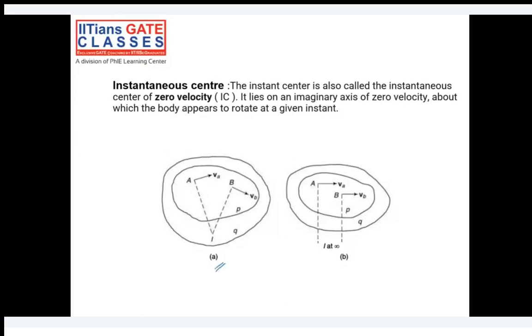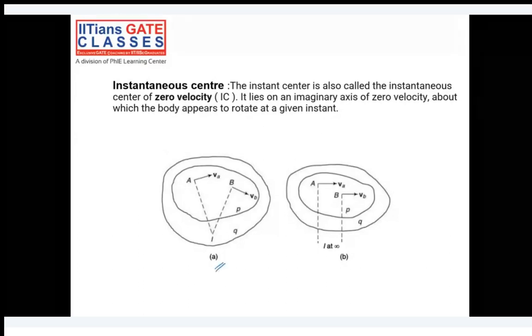Okay, so in this figure number A we have two bodies, body P and body Q. Okay, they are having some relative motion between them. Suppose, let's say VA is the velocity of point A, and at point B, let's say VB is the velocity.